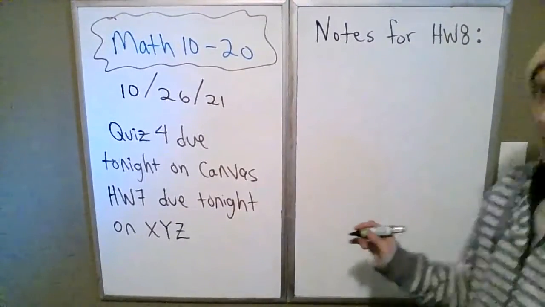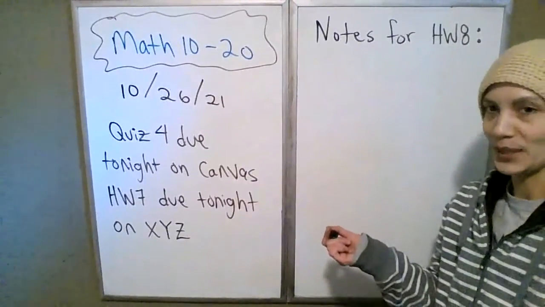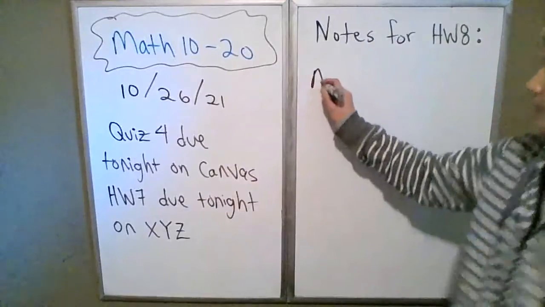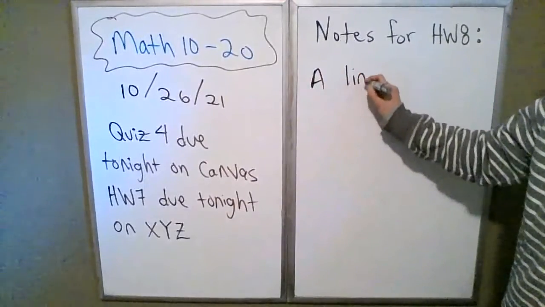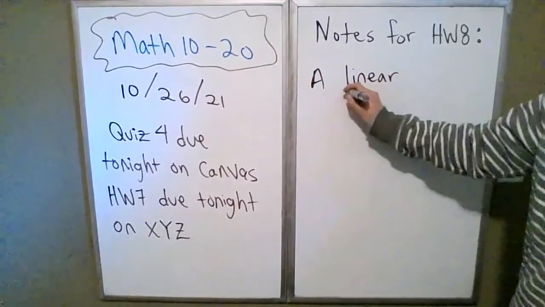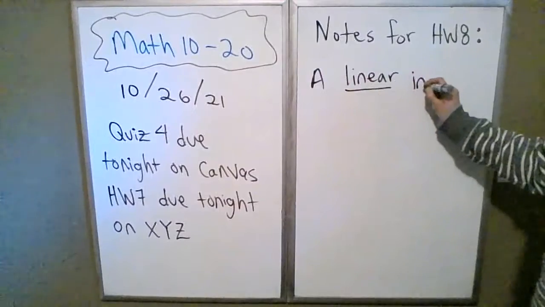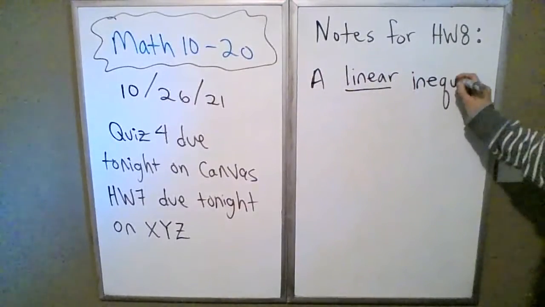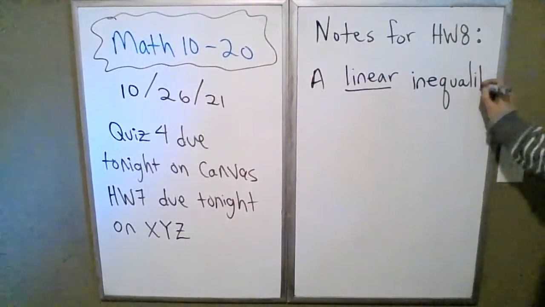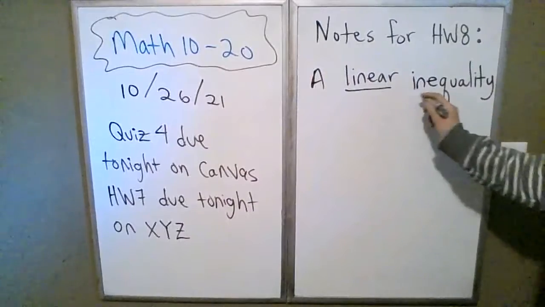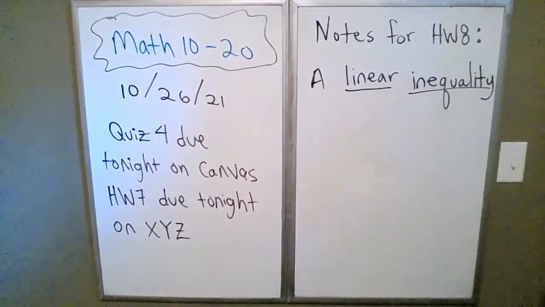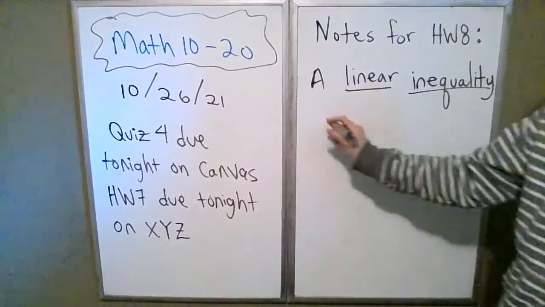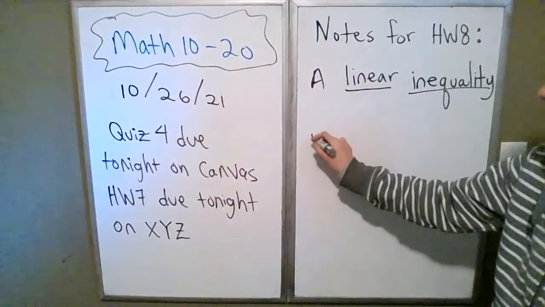Okay, so we're going to define a linear inequality. And this will be in one variable.